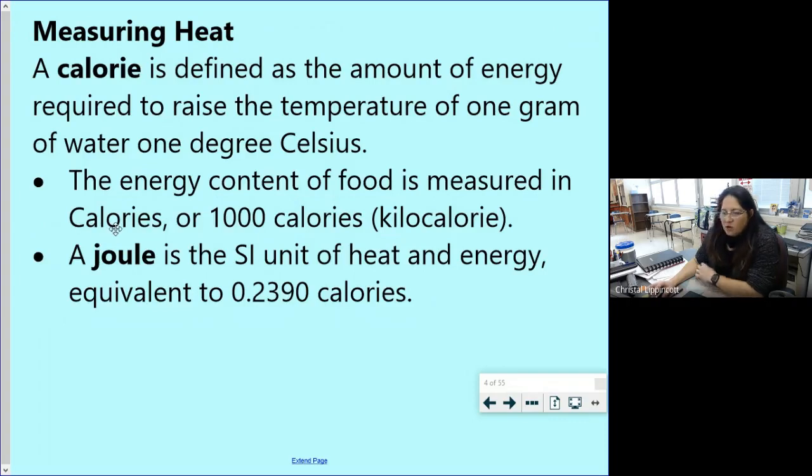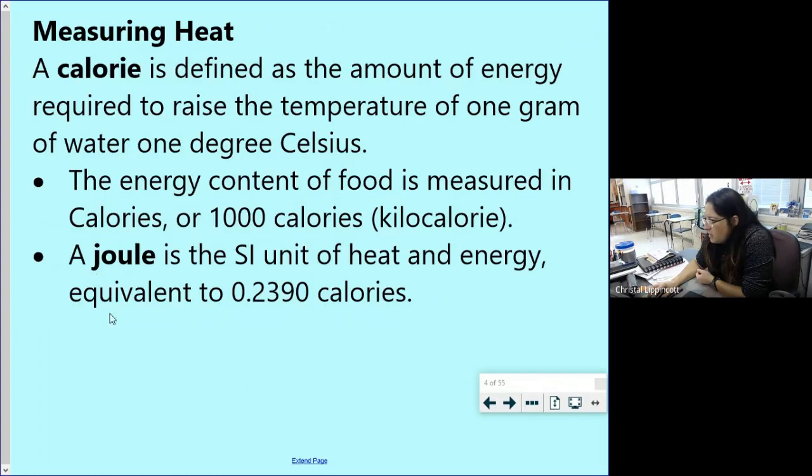The stuff that's on your food labels when you get food, so I got my yogurt here. On my food here, it says that this is 80 Calories with a big C, and this is all that's on your label, but actually it's 80,000 calories per cup of yogurt when we're talking about energy in here.